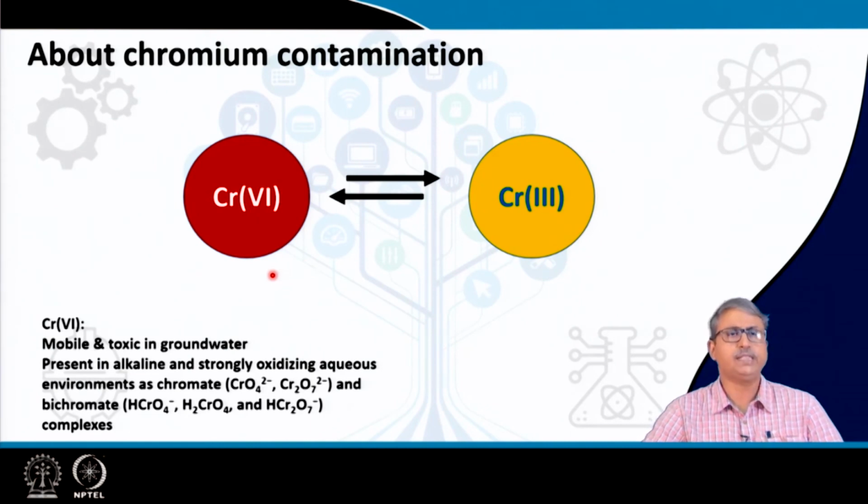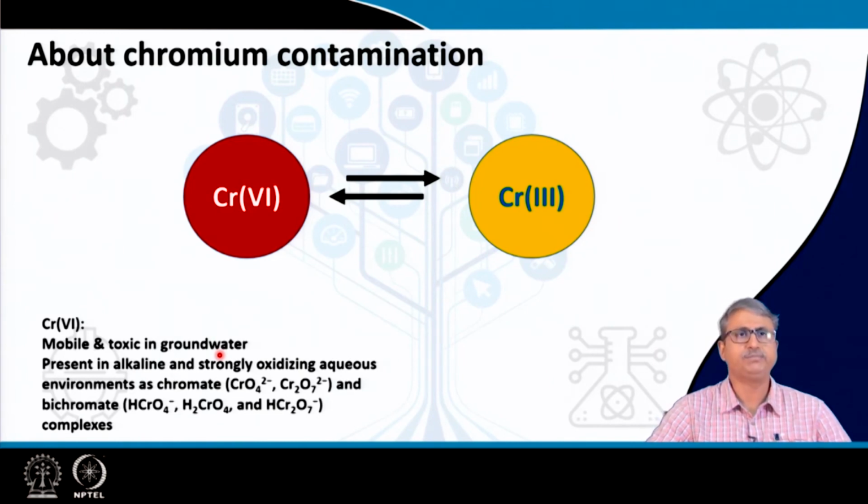Now, chromium 6 is a mobile element. The chromate ion can move very quickly, and it is very toxic when it is in the groundwater or in the soil system. It is more soluble in the aqueous phase, present in alkaline and strongly oxidizing aqueous environments mainly as chromate ion, and also as bichromate complexes.